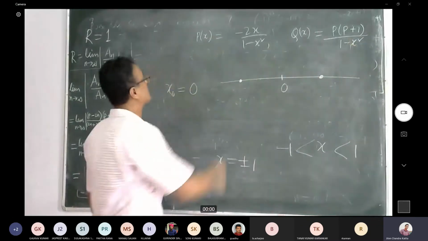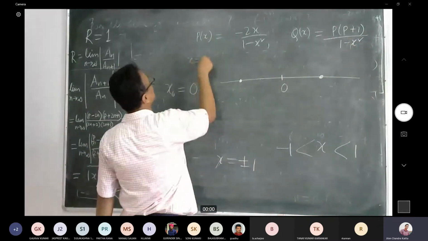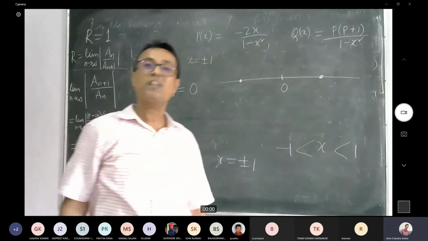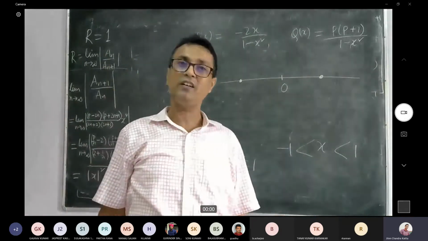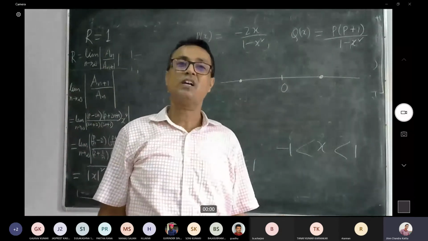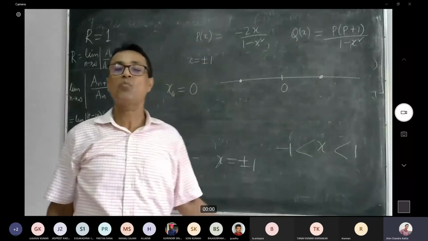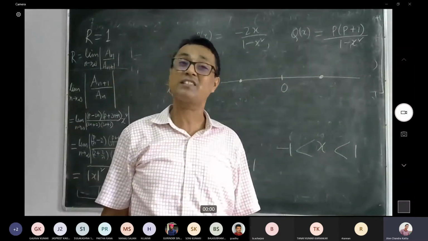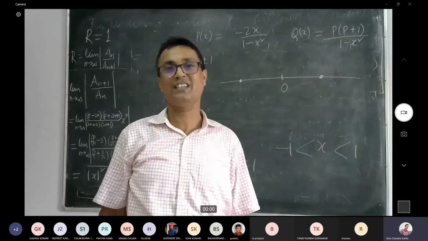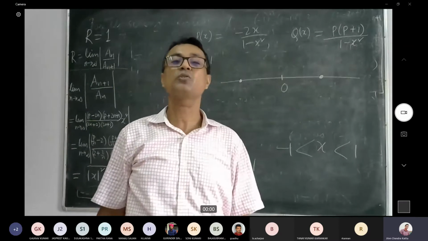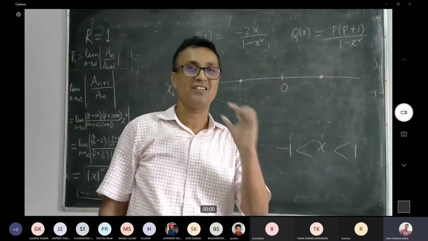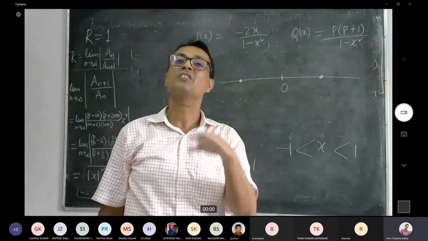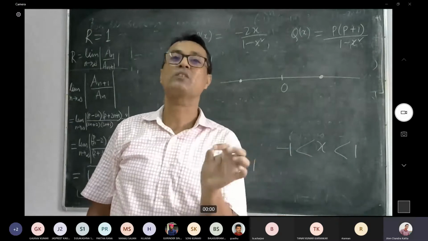So we had seen that x equal to plus minus 1 were the singular points. Because we cannot have p(x) and q(x) analytic about those singular points, we were seeking a power series solution somewhere other than those singular points.